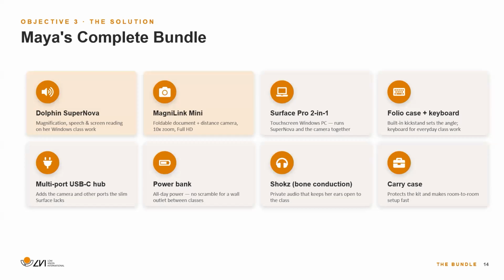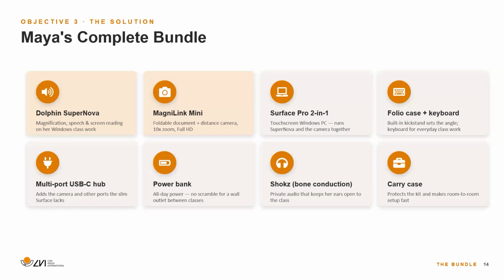Microsoft does have a keyboard that has large print that can serve as a case and a folio, with high contrast large print buttons, like a big letter keyboard. So she can get one of those. And then she's going to need a little bit of a hub to make sure she's got the ability to plug in a power bank, so that she's got that power lasting throughout the day.